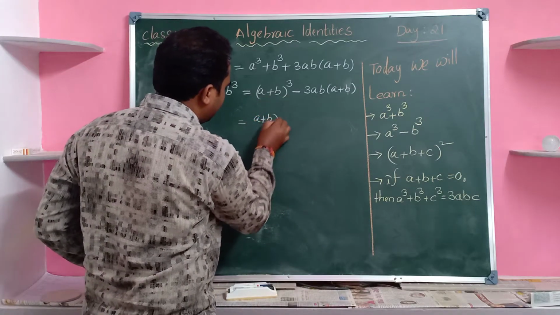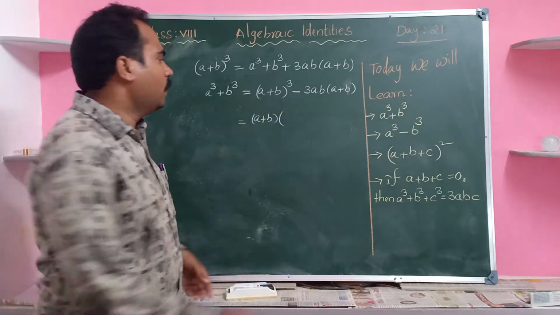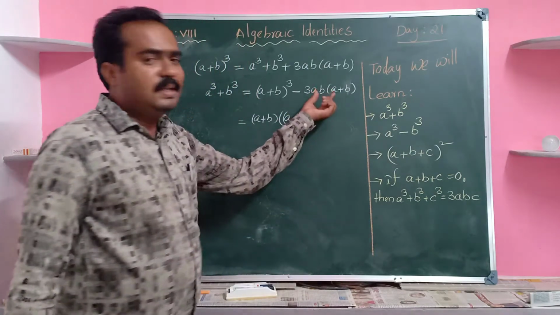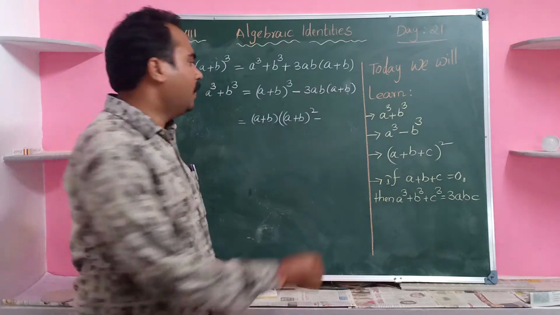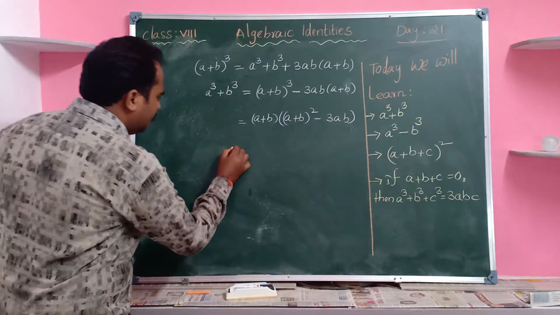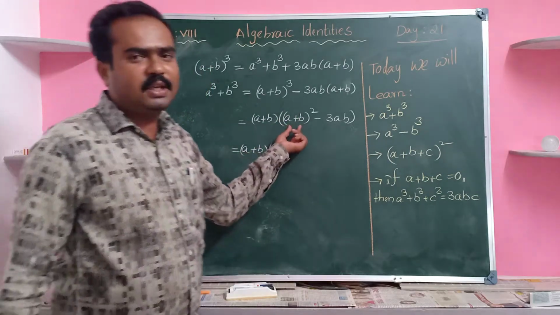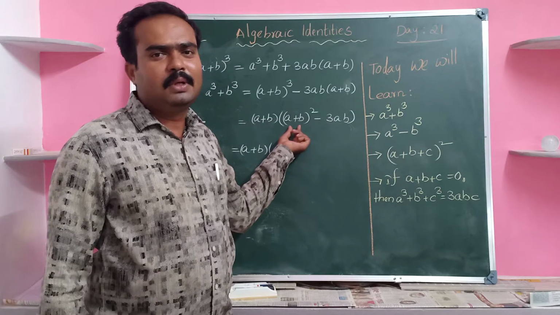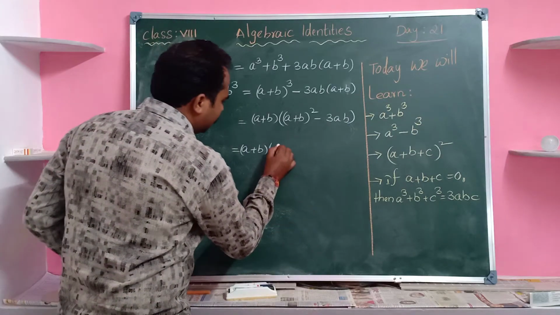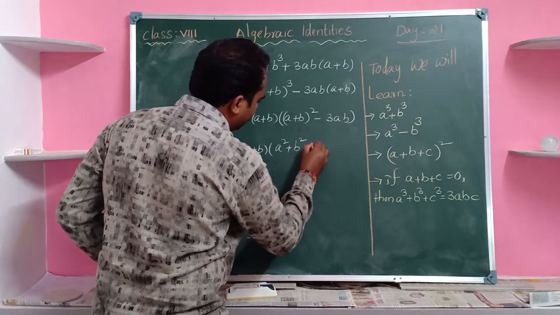If I take (a+b) as common, then what remains here? (a+b)^2. So (a+b)^2 minus, in this term what remains? Minus 3ab. So that is equal to (a+b) into, what is the expansion of (a+b)^2? a^2 + b^2 + 2ab.